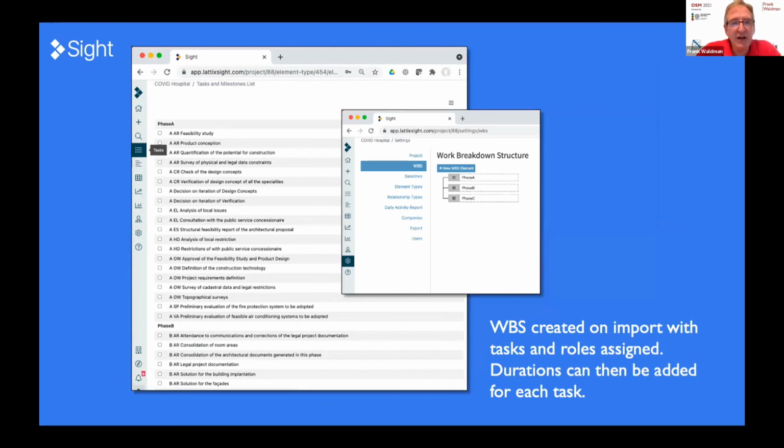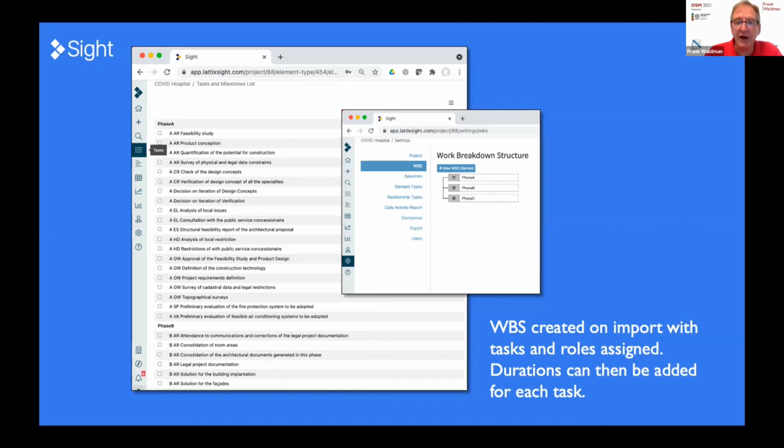When we bring in a project through BPMN as the format, we can then create the work breakdown structure. In this case, it's fairly simple. It's just according to phases. In some plans, of course, there's lots of summary tasks, which are sub-processes that then get represented in the work breakdown.